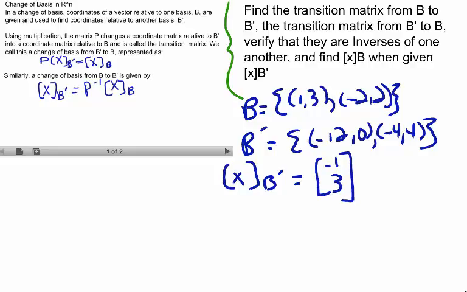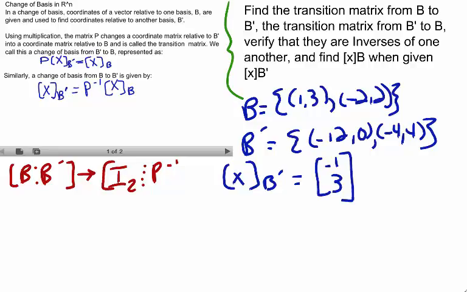To find our transition matrix from B to B', we know that if we have B to B', then we have the identity matrix, to P inverse.